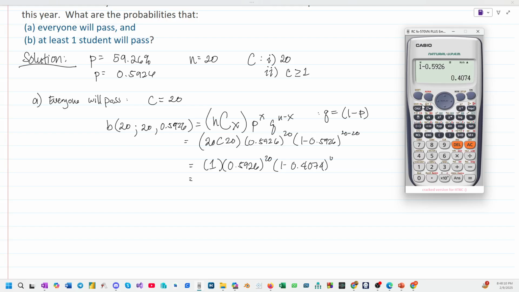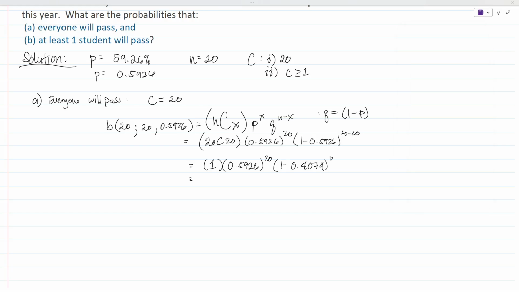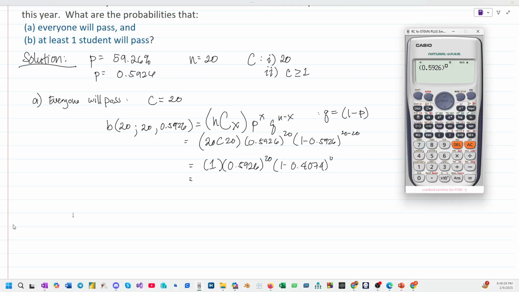So, we have, medyo malaking number to. Raised to 20. So, that will be, ano siya? 0.000.